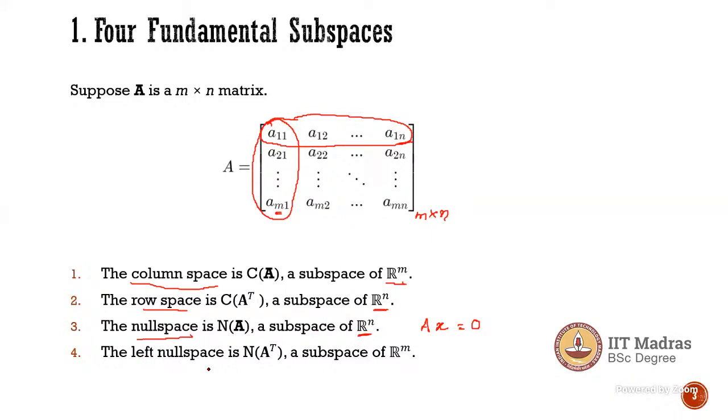Then the left null space similarly is the solution for the equation A transpose y equal to 0. When you transpose your matrix, rows and columns are interchanged. Hence, it is an m-dimensional subspace. Those vectors which make the transpose of your matrix A a zero vector will span your left null space.